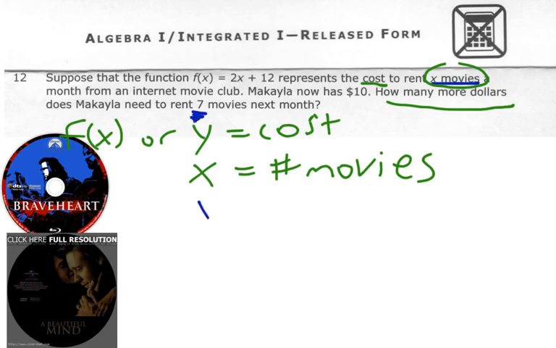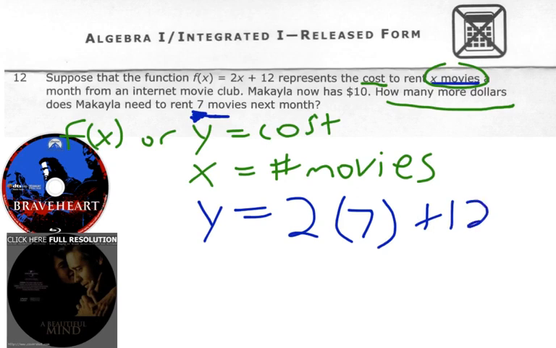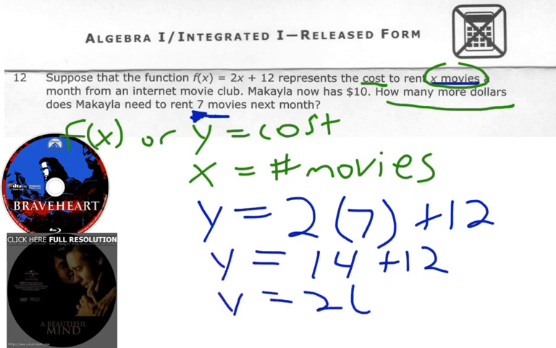So I'm going to plug in 7 for x, the number of movies, into that function, and I'm just going to multiply it and get 14 plus 12, and y is going to be 26. $26, because remember, y stands for my total cost, so that's a dollar amount.